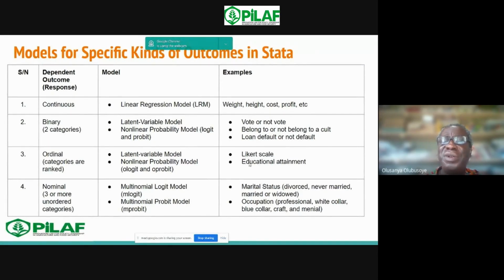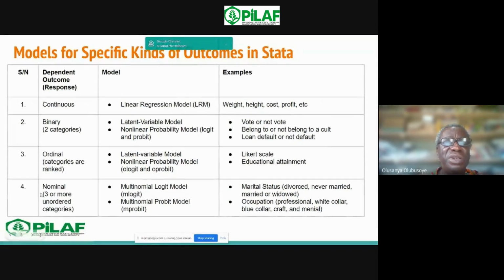Or educational attainment: maybe you have no education, primary education, secondary education, university or tertiary education. Even though they are categories, we can see that one level is higher than the other. Those are ordinal scales. When we have this kind, we can use the latent variable model also in STATA, or we use the ordinal logit or ordinal probit.